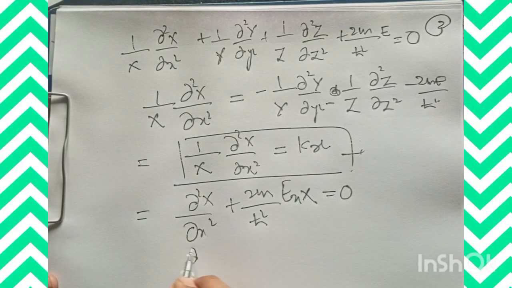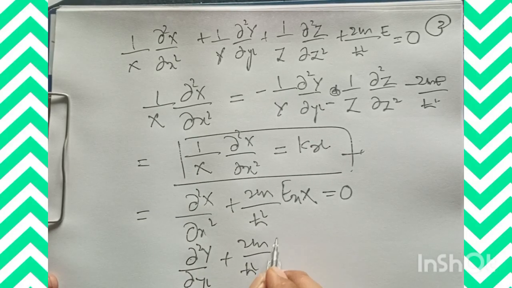And then we will have another equation, dou 2Y by dou y2 plus 2m by h cross square Ey Y of y equals 0.